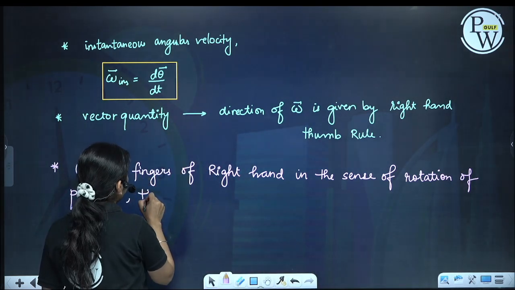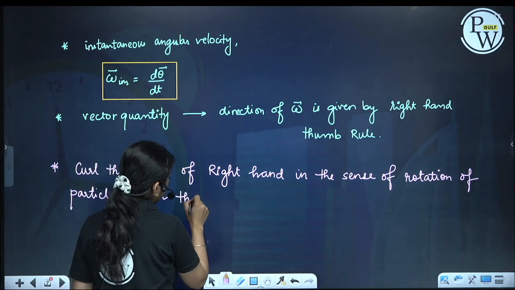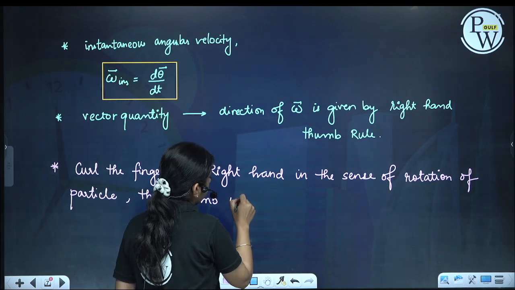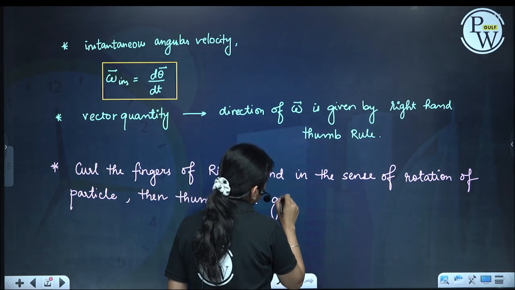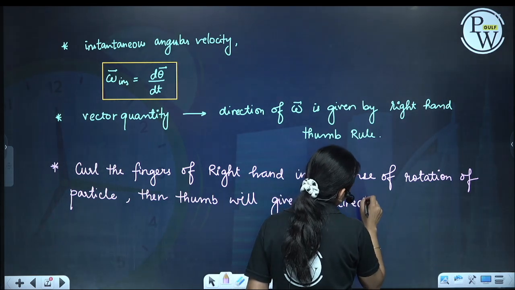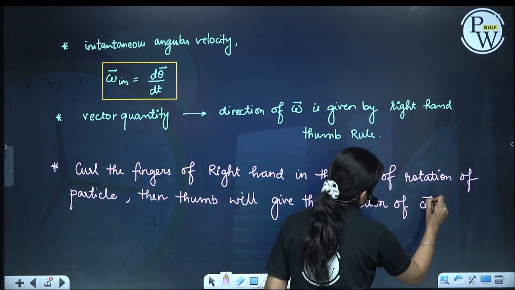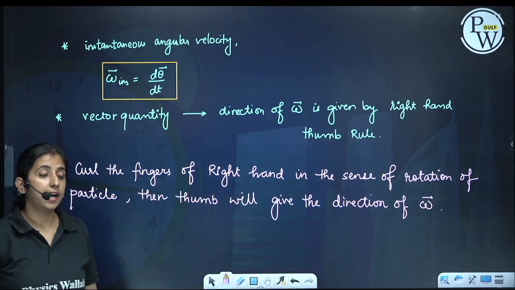Then the thumb will give us the direction of omega. Okay, this is the right hand thumb rule.